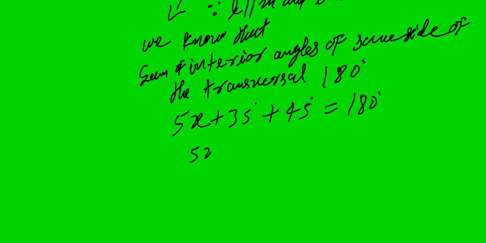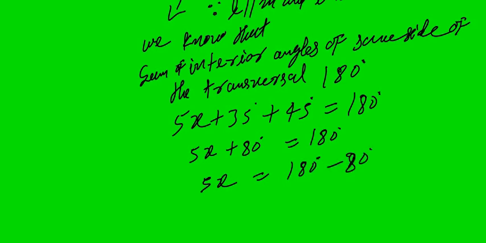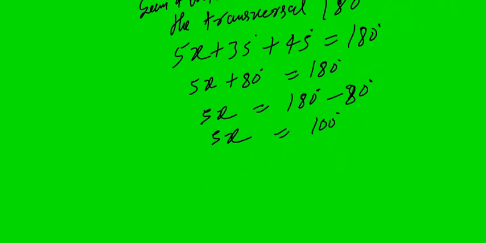So what it will come, 5x plus 35 plus 45 is 80 degrees, is equal to 180 degrees. So 5x is equal to 180 degrees minus 80 degrees. So 5x is equal to 100 degrees, and when you take 5 to the RHS, we get x is equal to 100 degrees upon 5, which cancels with 20.